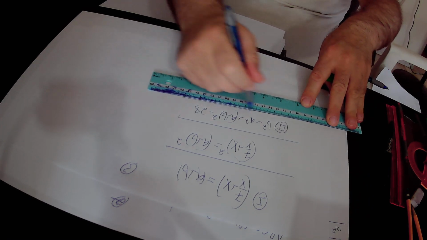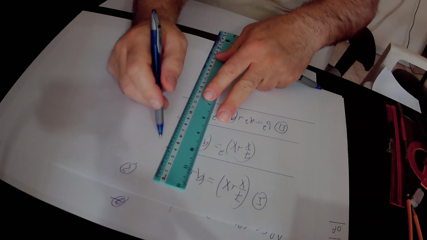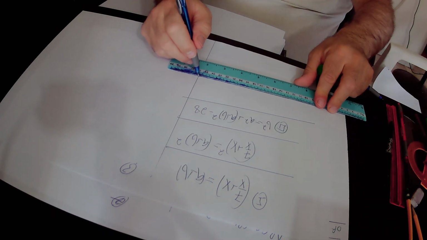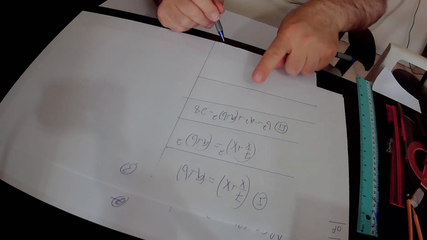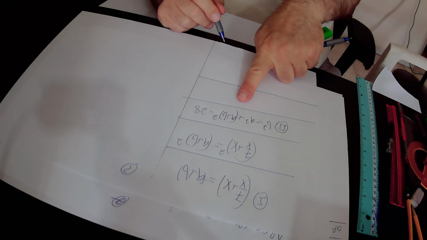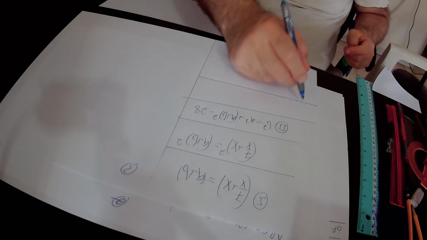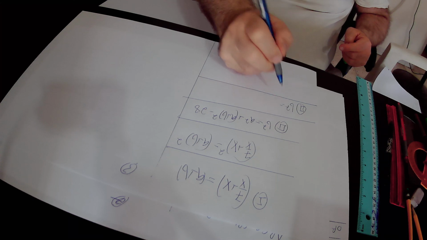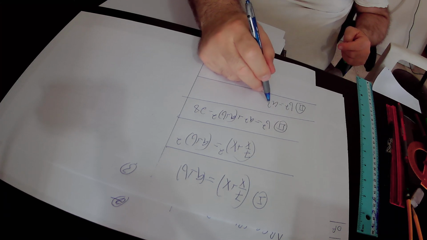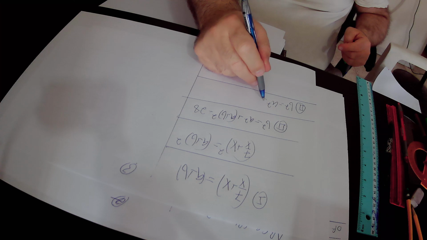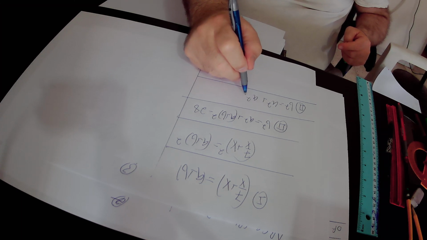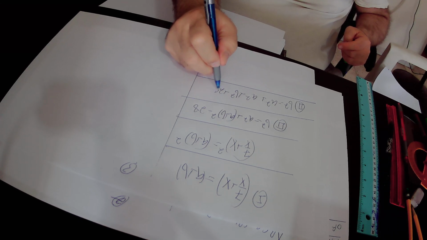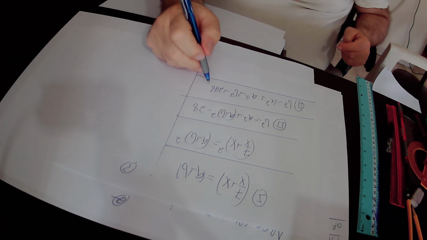Here we'll open the brackets on this side of the equation 2, and we get that b squared equals a squared plus b squared plus 2 times a times b minus 28.